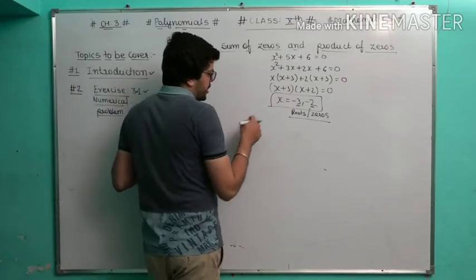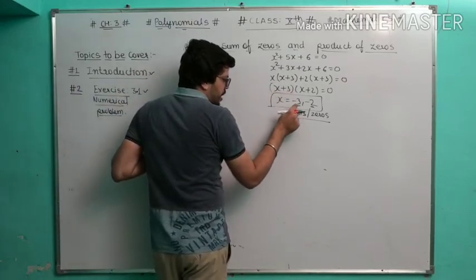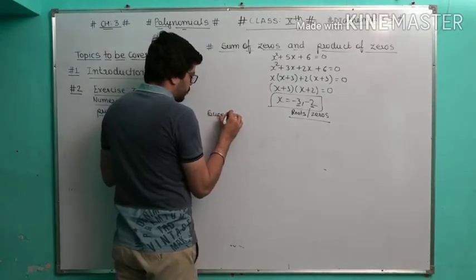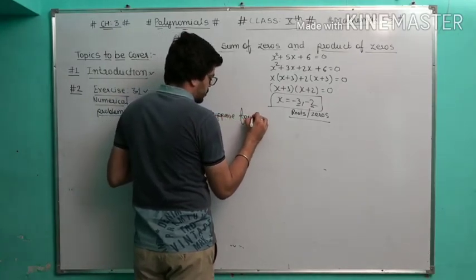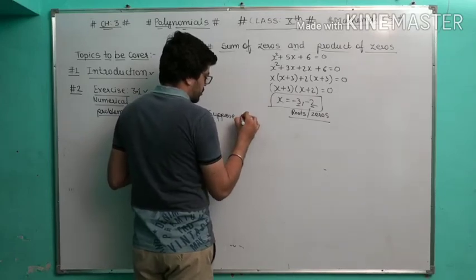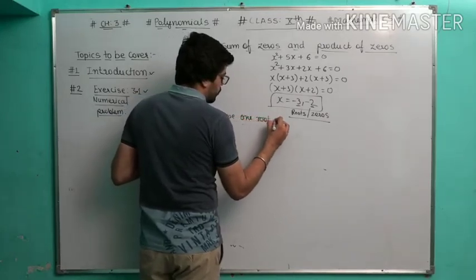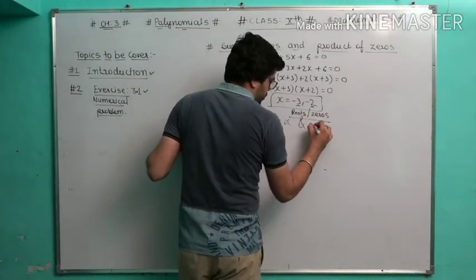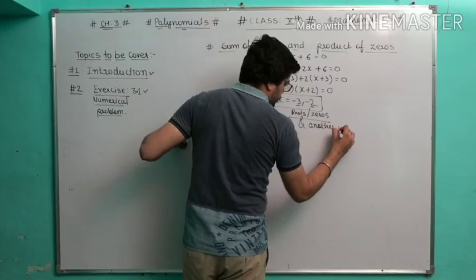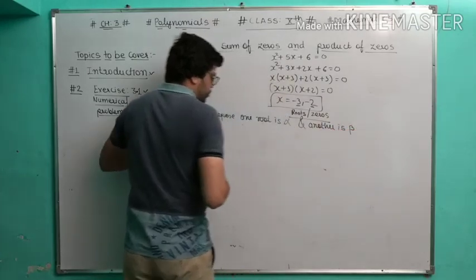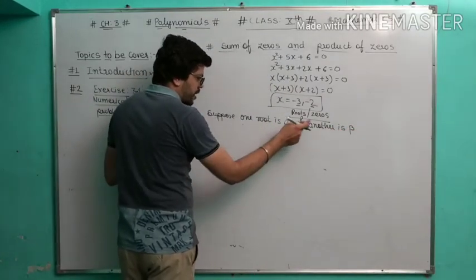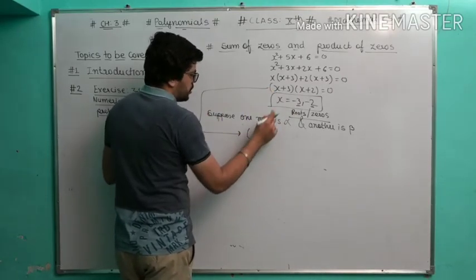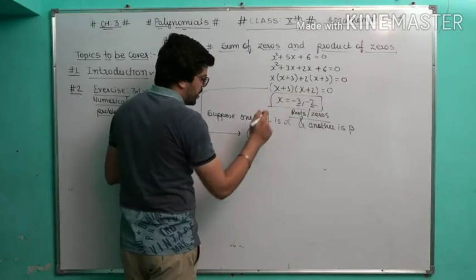So let's try to understand. Suppose this is alpha and this is beta, so we have to find the formula. Suppose one root is alpha and another is beta. So we start with this: 3 is replaced by alpha, 2 is replaced by beta.